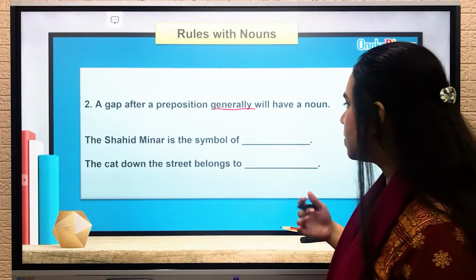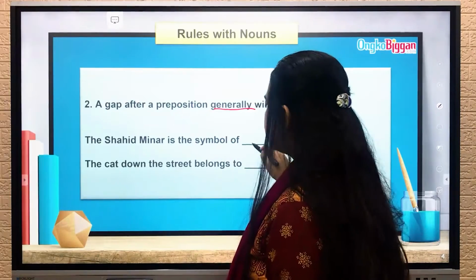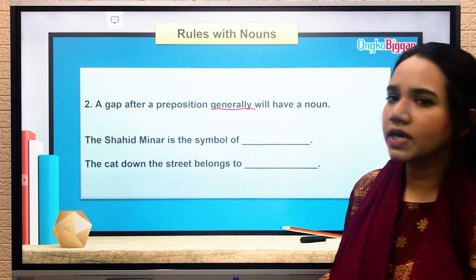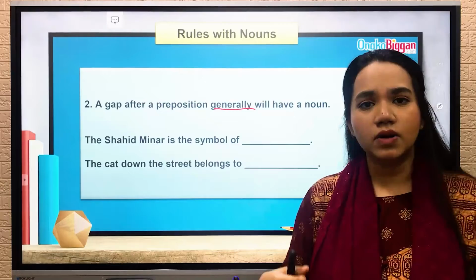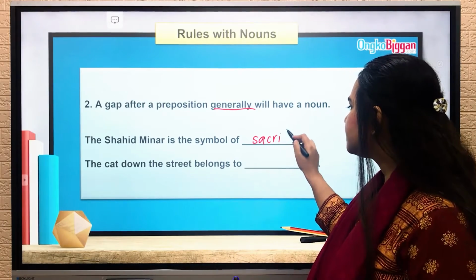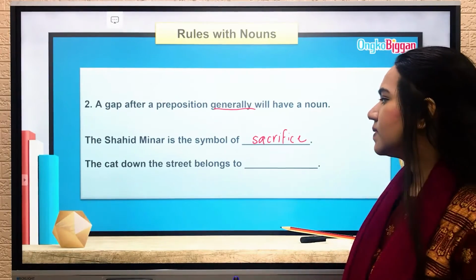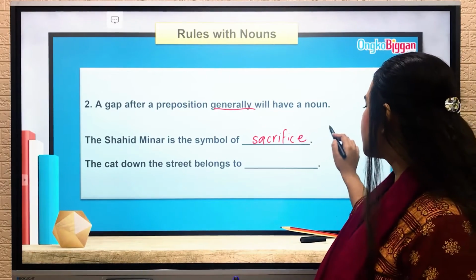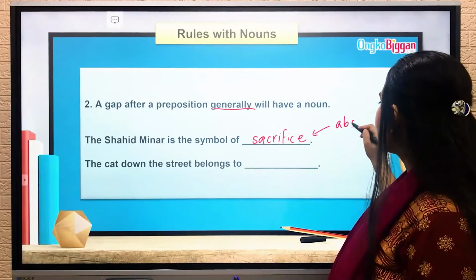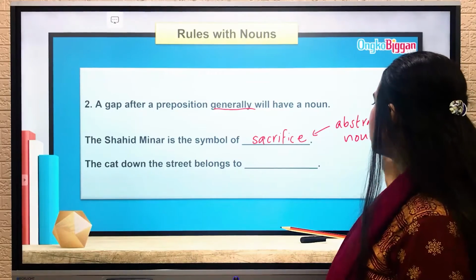So, we can say the Shahid Minar is a symbol of the fact that we have achieved our own language, right? Or it's a symbol of sacrifice, right? So in this case, we have put a noun. So what is sacrifice? Sacrifice is a noun. And what type of noun? It is an abstract noun. We have already learned the different types of nouns, right?